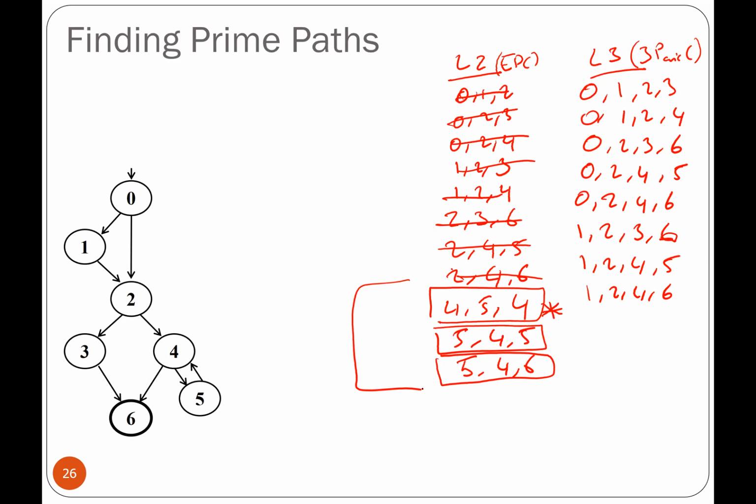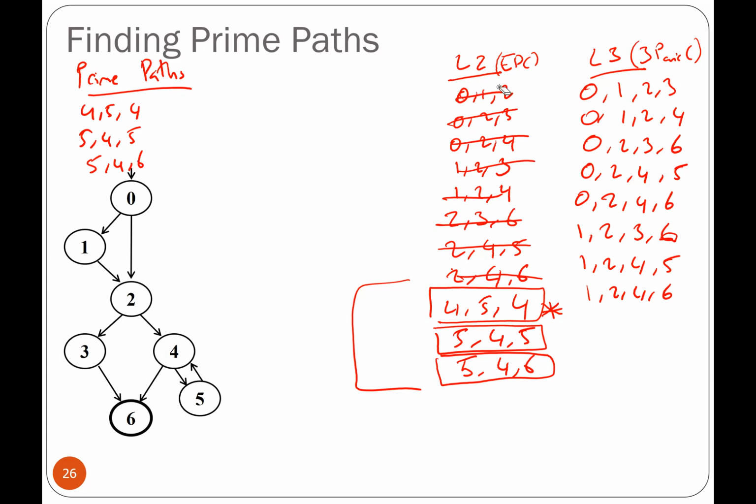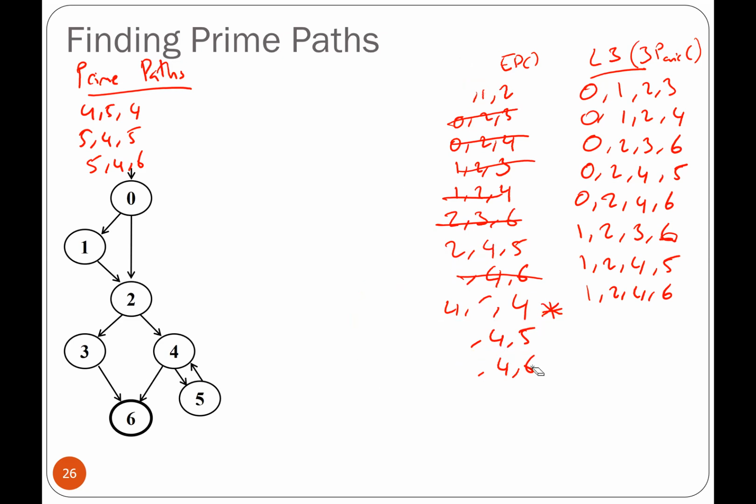Once it's been identified that it is not covered by the very next length up, then automatically it's a prime path. So I'm going to put down the list of prime paths here that we've identified so far. We got 4, 5, 4, which is a loop, 5, 4, 5, which is another loop, and we got 5, 4, 6. All right. So let me erase all of this.